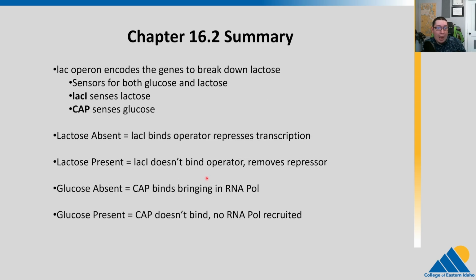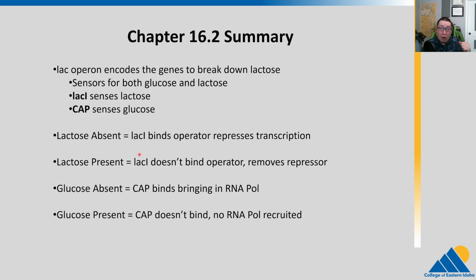We then looked at the Lac operon, which encodes the genes to break down lactose. It has sensors for both glucose and lactose, right? Because we need to know the state of both those sugars. lacI was the protein that senses lactose. The CAP protein, on the other hand, sensed glucose through cAMP levels. When lactose is absent, the lacI protein binds to the operator, repressing transcription.